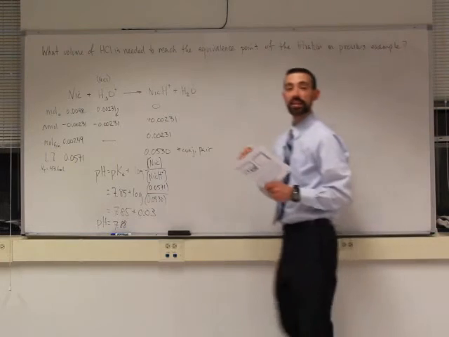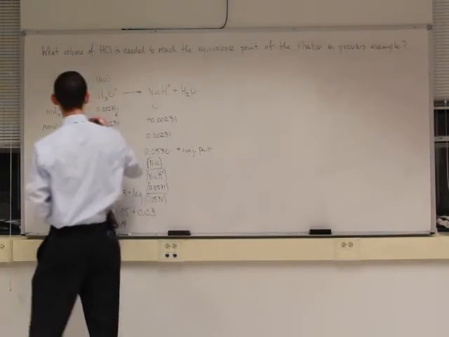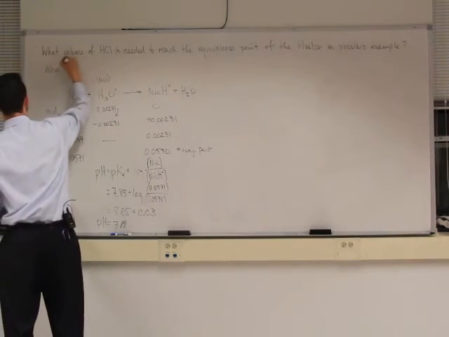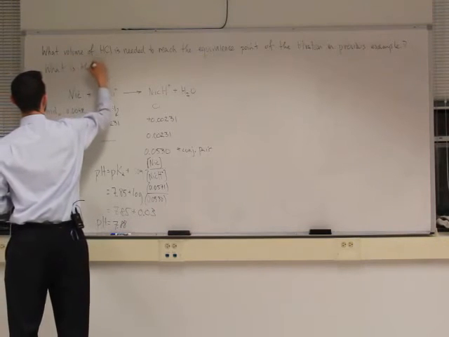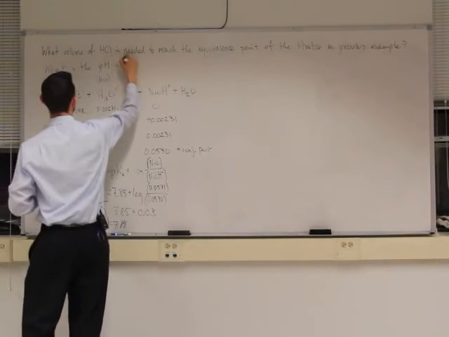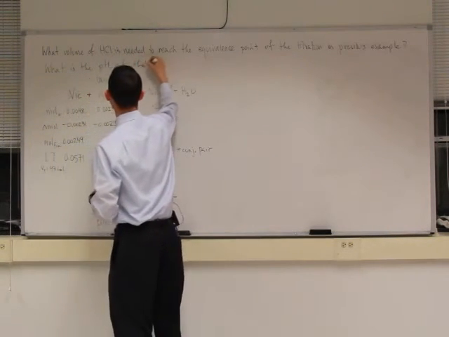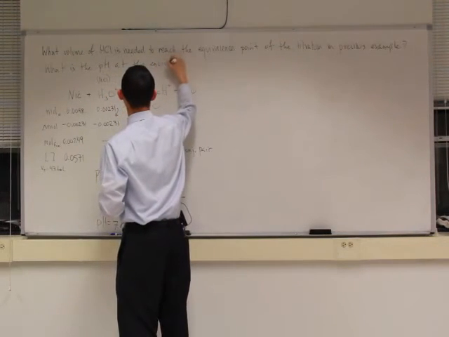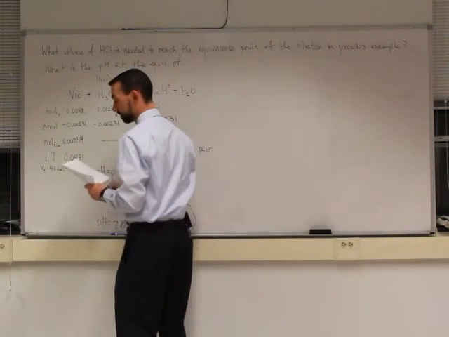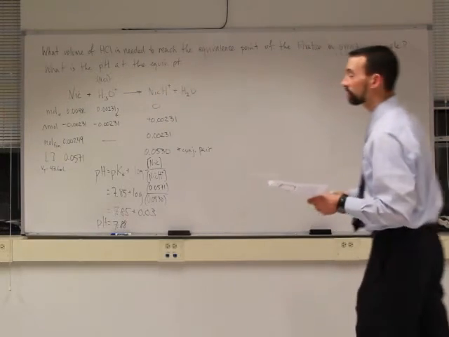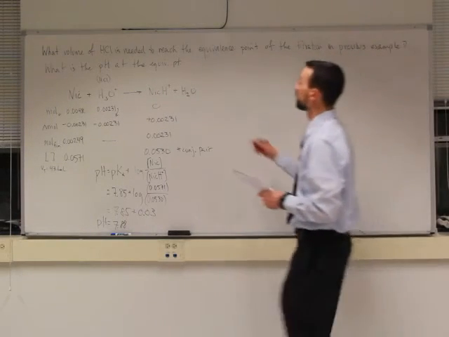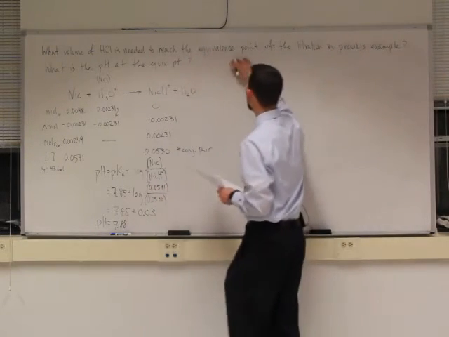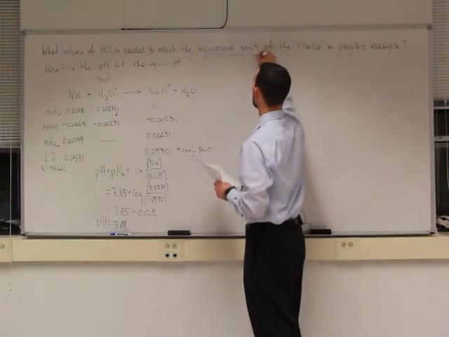And then secondly, what is the pH at the equivalence point? Okay, so a couple of different things going on here. So at the equivalence point, that's the key here.